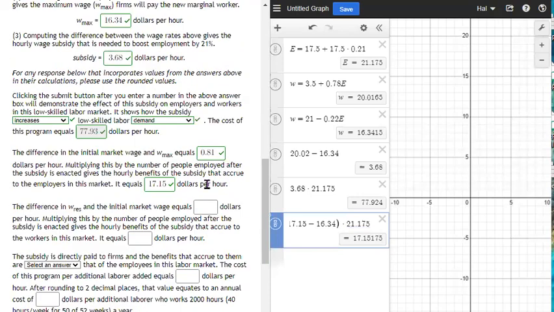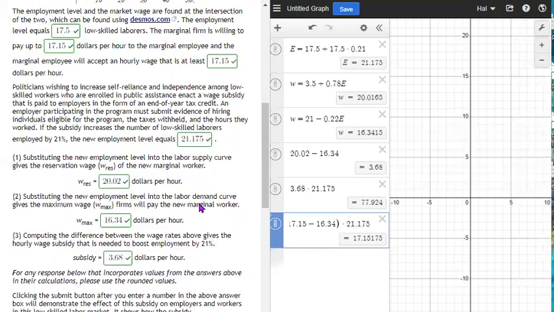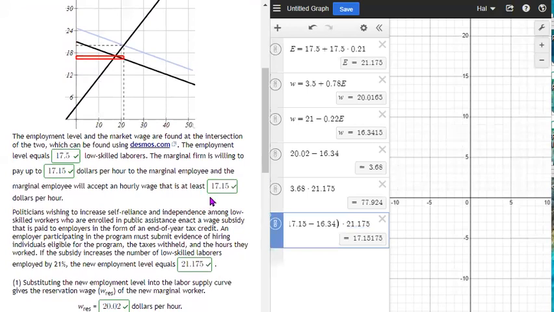Okay. Now we want to calculate the benefits that accrue to the workers, right? The workers were being paid $17.15 an hour initially. But the subsidy resulted in their pay rising to $20.02, right?